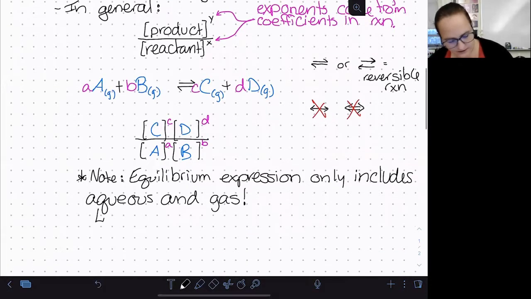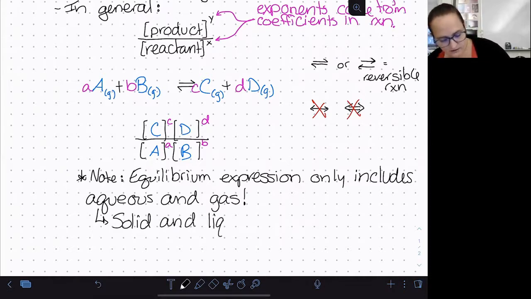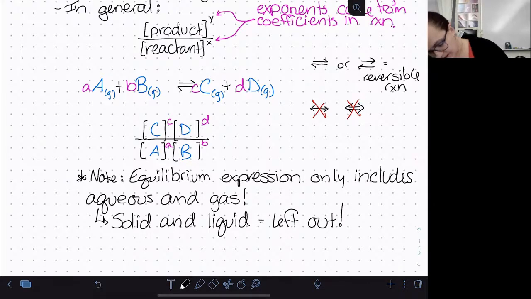If there are any solids or liquids, they're just left out completely. Don't think of them as being zero because they're not zero. Just ignore them. Omit them. If you want to think of them as being one, you can. But anything solid or liquid is just left out, skipped over, ignored.